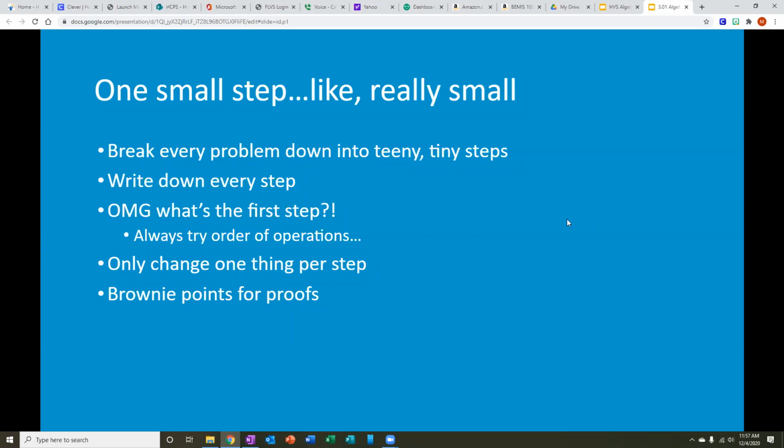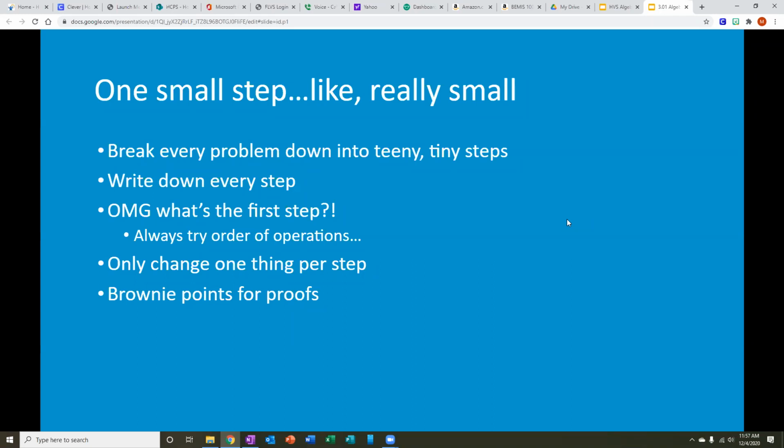Now, there are really long problems, and this year is really where you start having problems that take a long time. And there are many parts to them. But that's okay because that's just part of life. Things that are more complicated take more time. But if you break everything down, it's not that difficult.